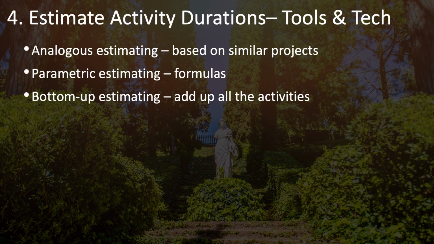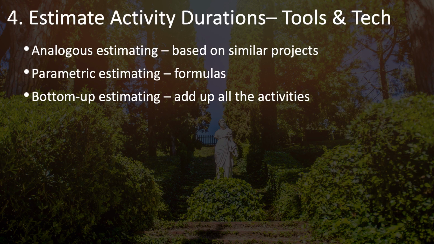A parametric estimate is based on strict formulas. One example would be estimating the cost to build a house. If houses of this level and quality are normally costing about $100 per square foot, then you can simply use this formula to calculate what this house will cost.